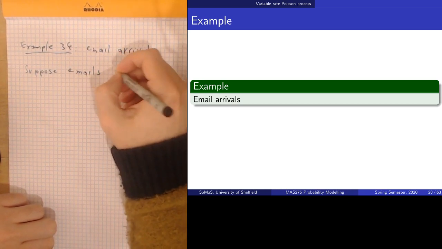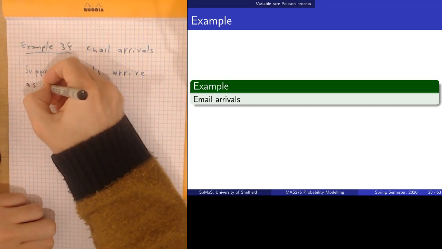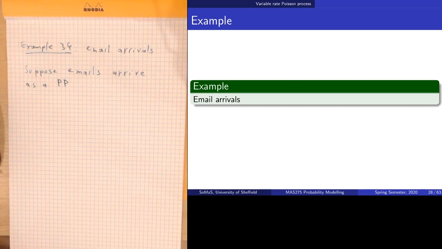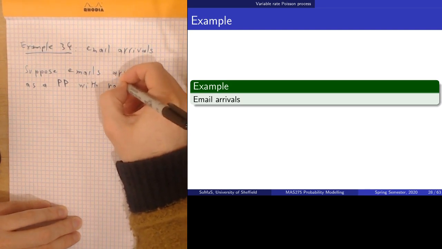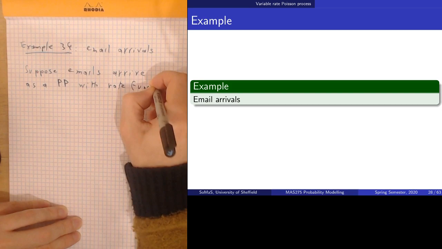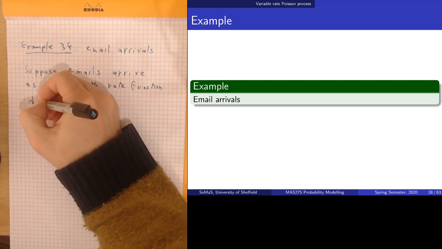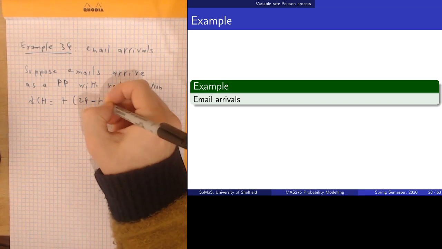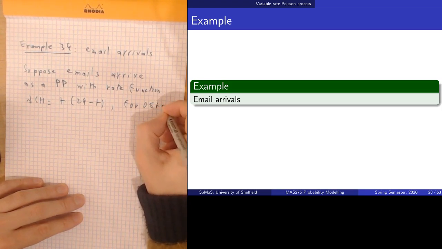Emails arrive as a Poisson process. I'm going to write PP for Poisson process. This is a reasonably common thing to do. With rate function lambda of t equal to t times 24 minus t. And you're guessing, of course, that t has to be between 0 and 24.